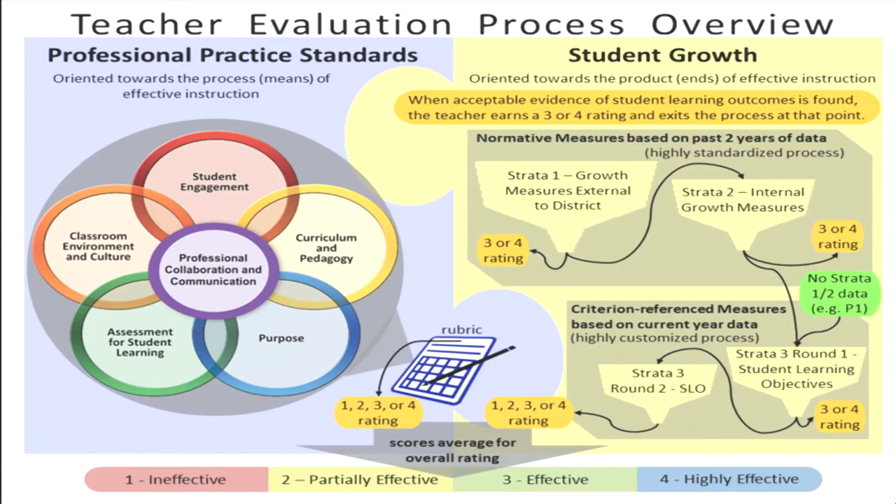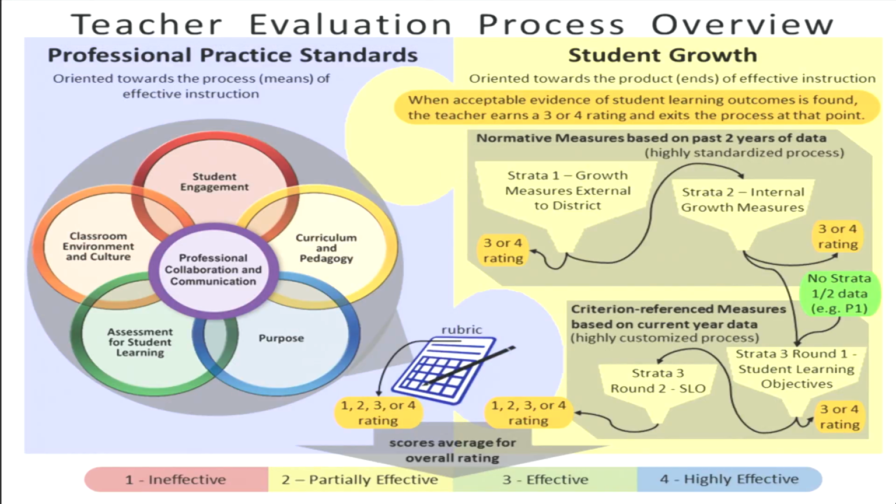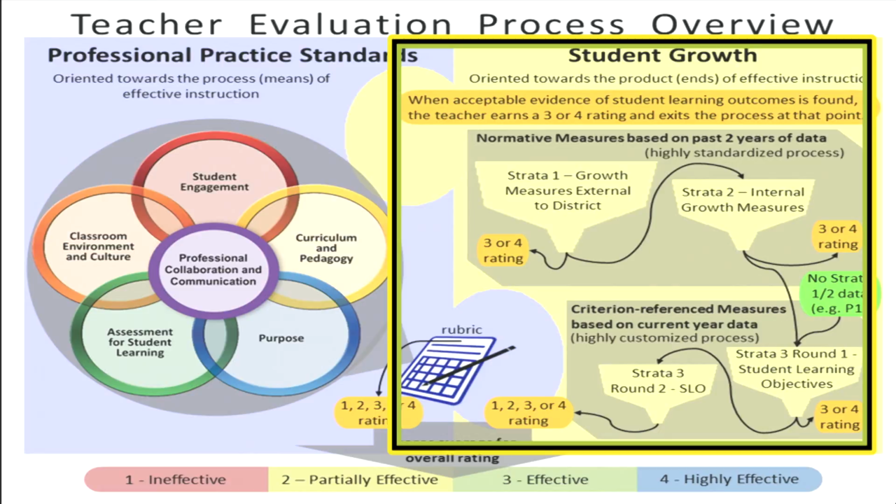There's a 50% that's professional practice, which is on the left-hand side of this diagram in the blue puzzle piece. Professional practice are all those adult behaviors that we've been evaluating with teachers and educators for longer than you and I have been teachers. So we're familiar with that, although there have been some changes and revisions in Poudre School District recently. But on the right-hand side of this diagram, the yellow puzzle piece is the student growth component.